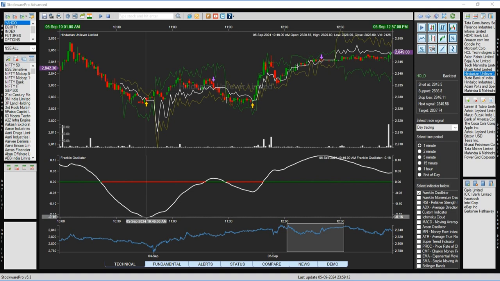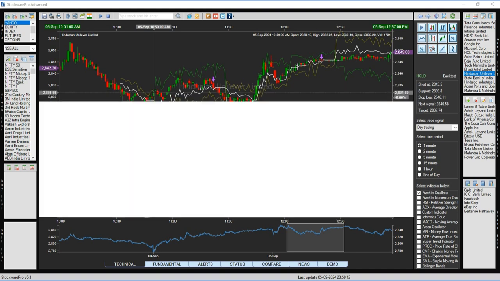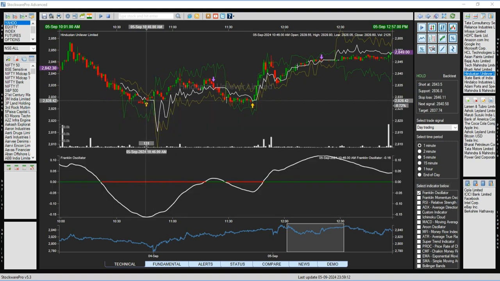The signal is appearing at the peak of the Franklin oscillator curve, but actually the signal appears only after the price has reached this stage. So the flat line starts developing before that, and once the signal appears, the target line goes up and the stop loss line goes down, because now it is a buy signal.